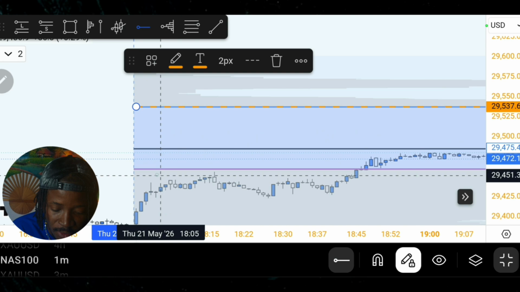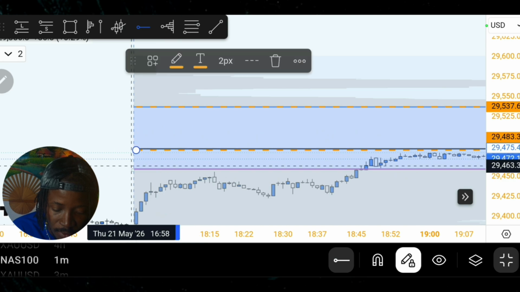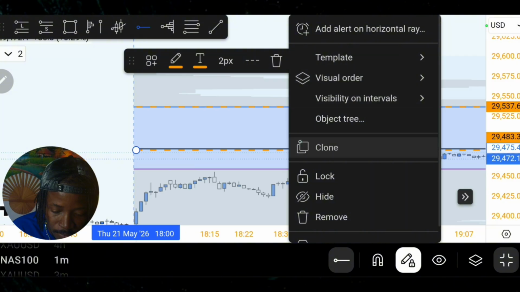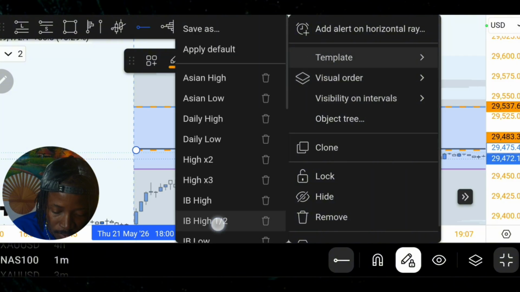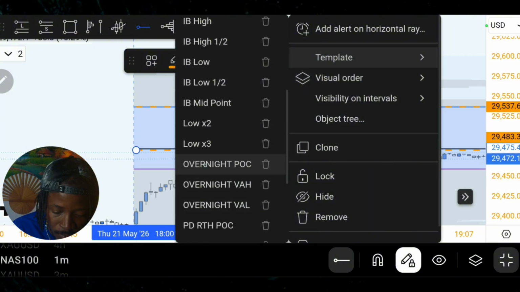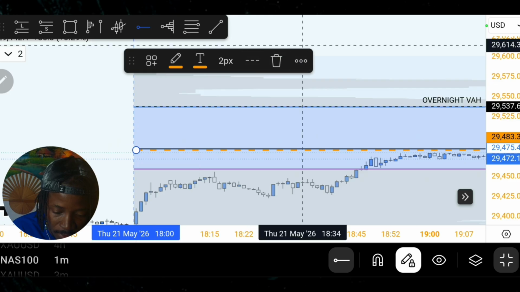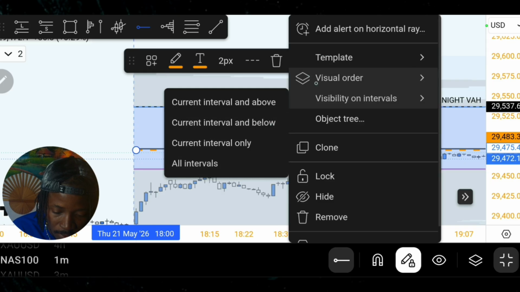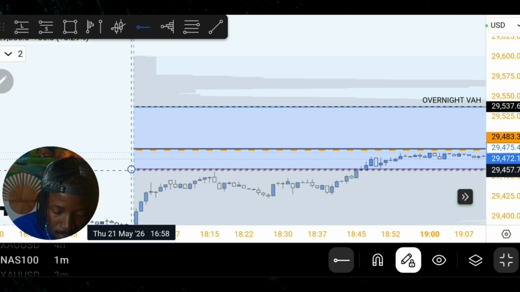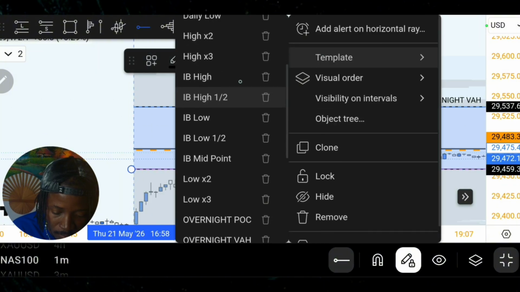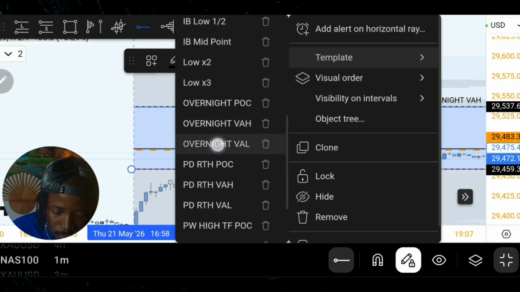So this is overnight VAH, overnight point of control, overnight POC, and overnight volume area low.